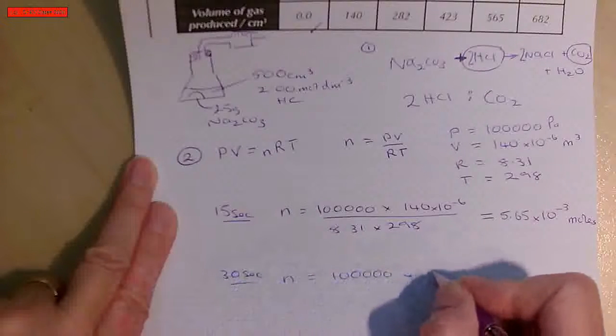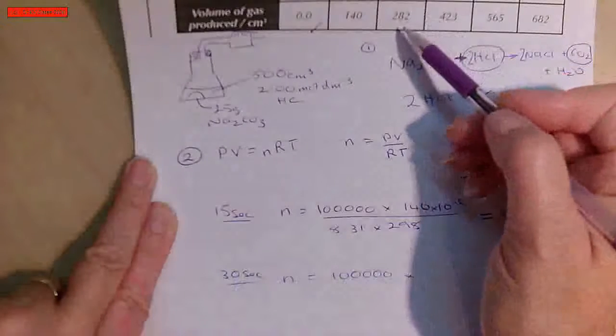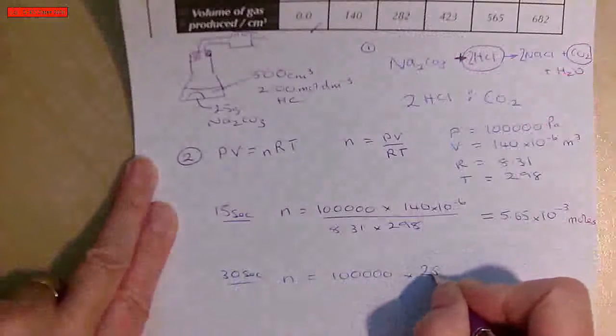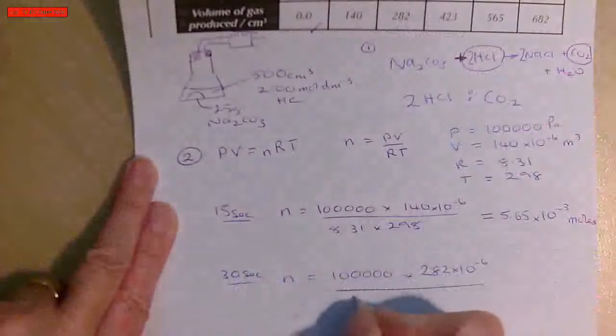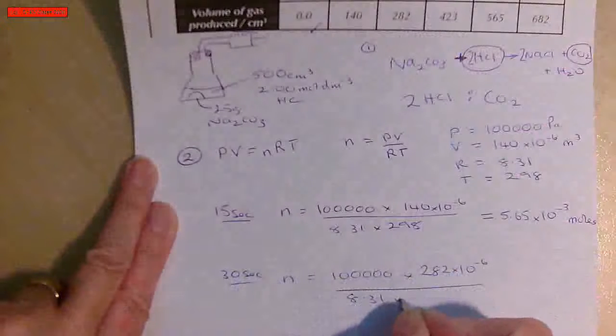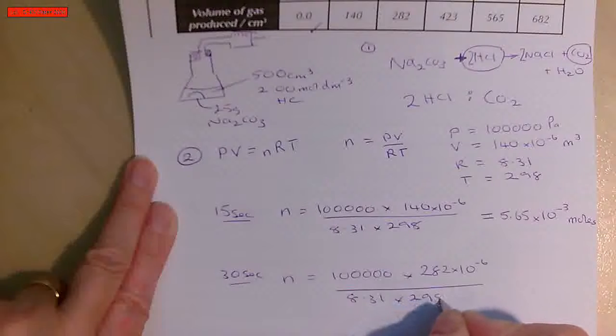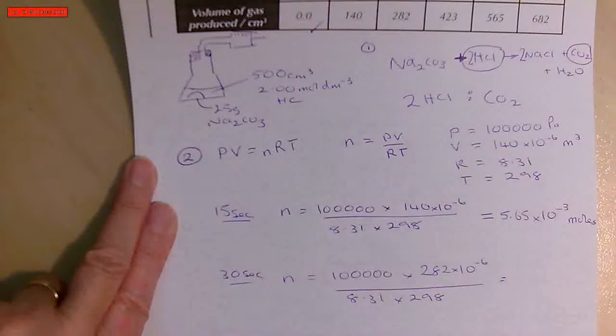n equals 100,000 times, and this time it's 282, 282 times 10 to the minus 6 divided by 8.31 times 298.